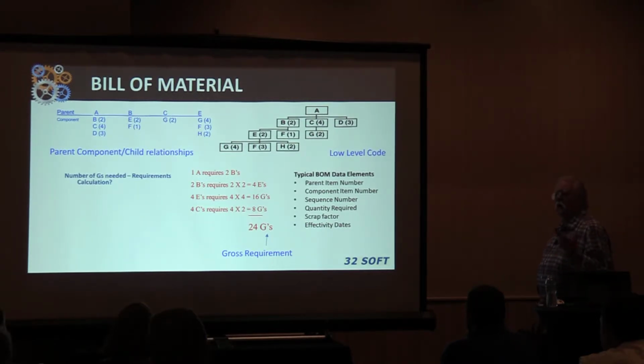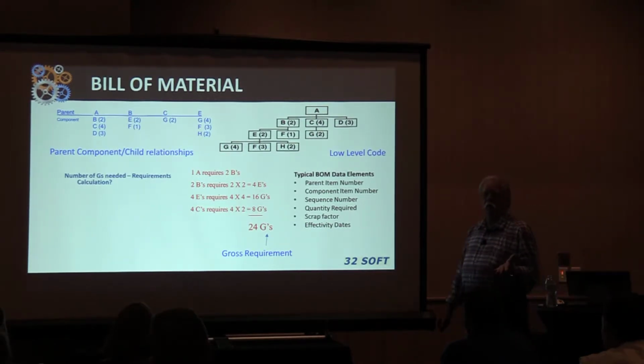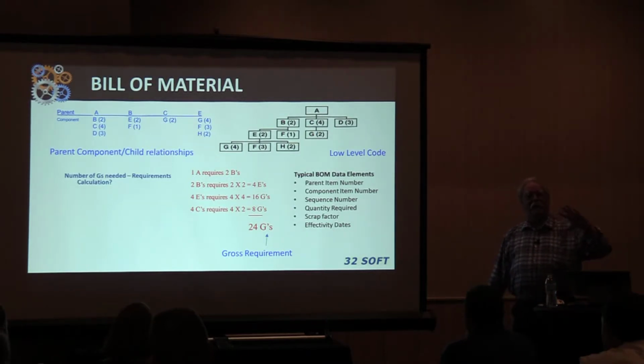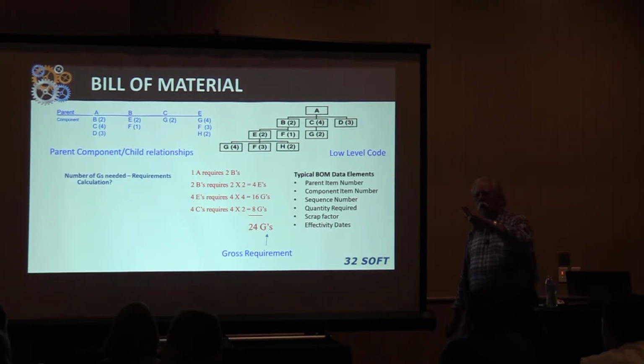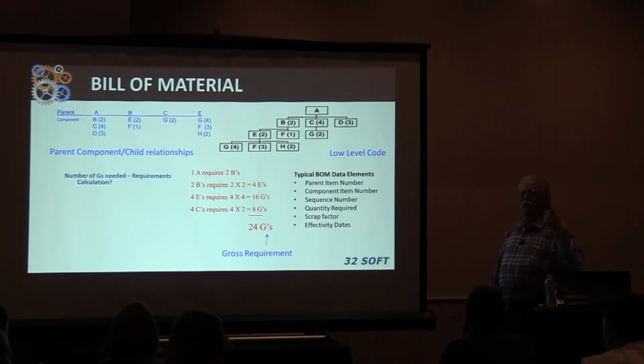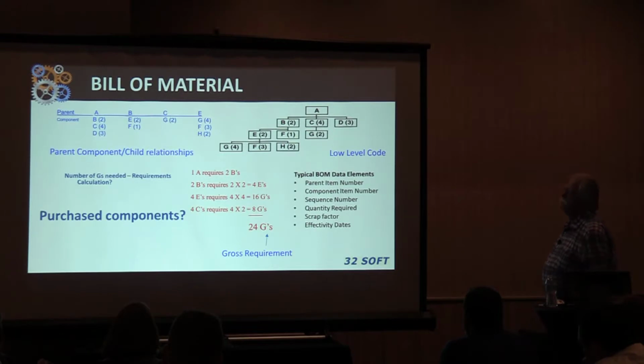And that is based on what is called the low-level code. Low-level code is the lowest level in the BOM at which you will find a particular part number in any bill of material in the system. It tells MRP that it can now explode the gross requirements for that item, because it knows that it will find no more requirements lower in the bill of material than that particular item.